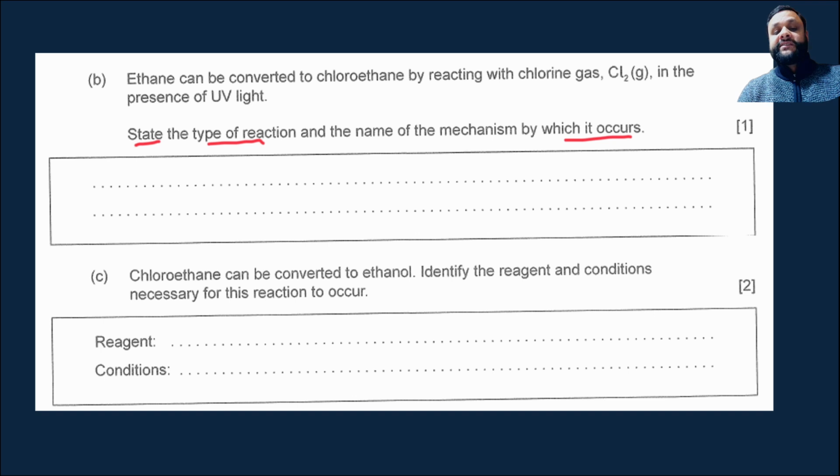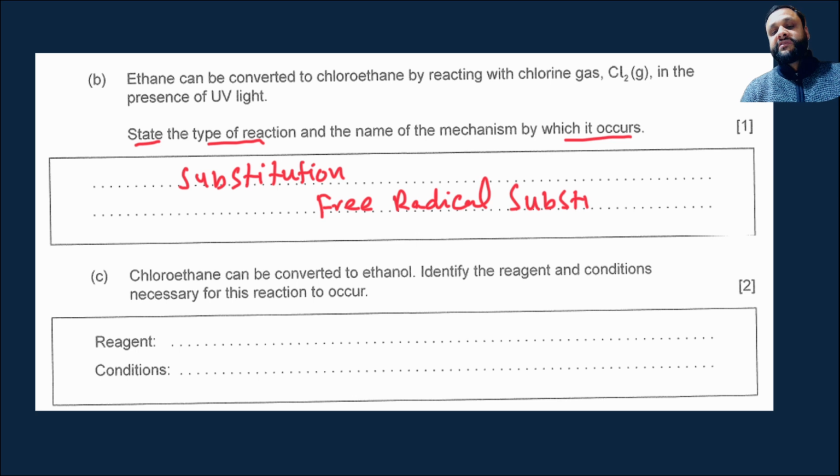So the type is substitution, and the name of the mechanism is free radical substitution. Alkanes undergo free radical substitution reactions.